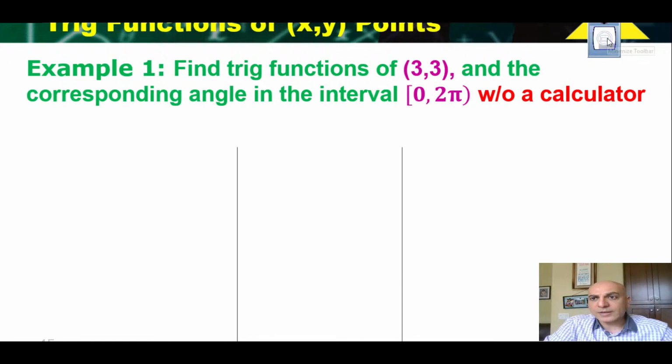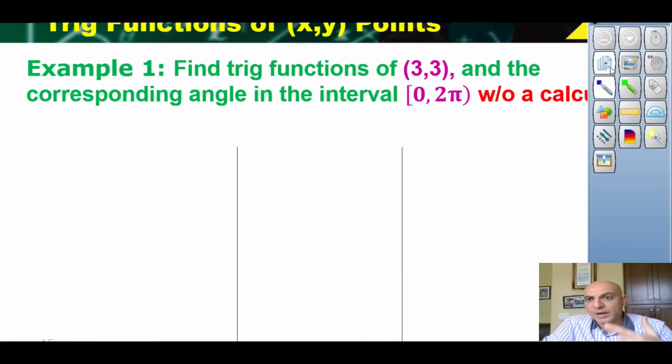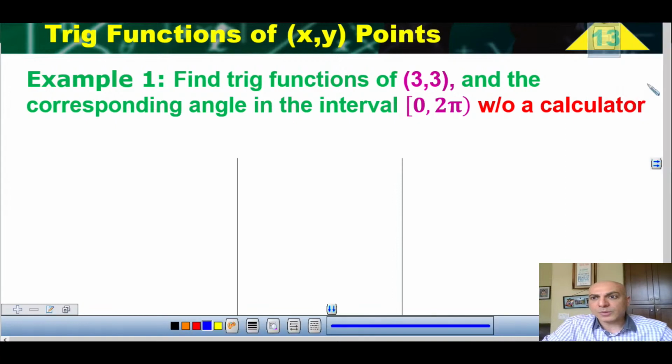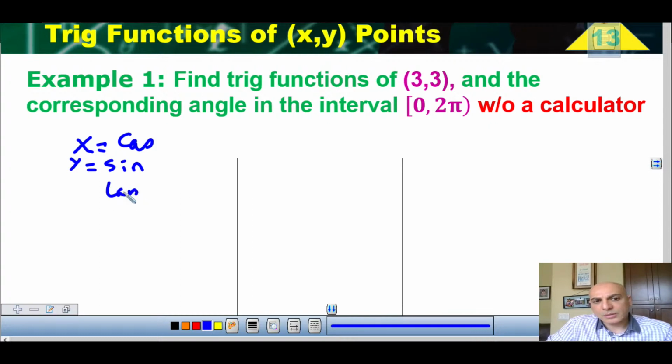Well, first of all, let me give you a preview. Number one, we've got to know, and I'm repeating because we introduced that thought before, that every x is cosine, every y is sine, and every tangent is y over x.